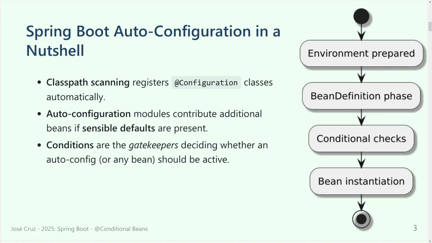At the end of the day, even for the beans that will never be enabled in your application, Spring will collect and register them internally, but it will never provide you an instance unless the conditional is true. But you will see more details in a moment.